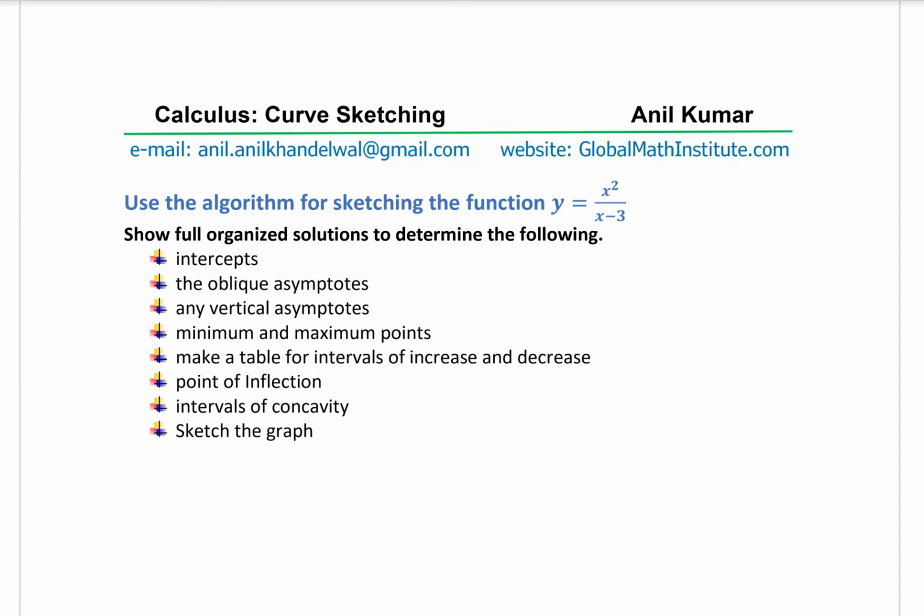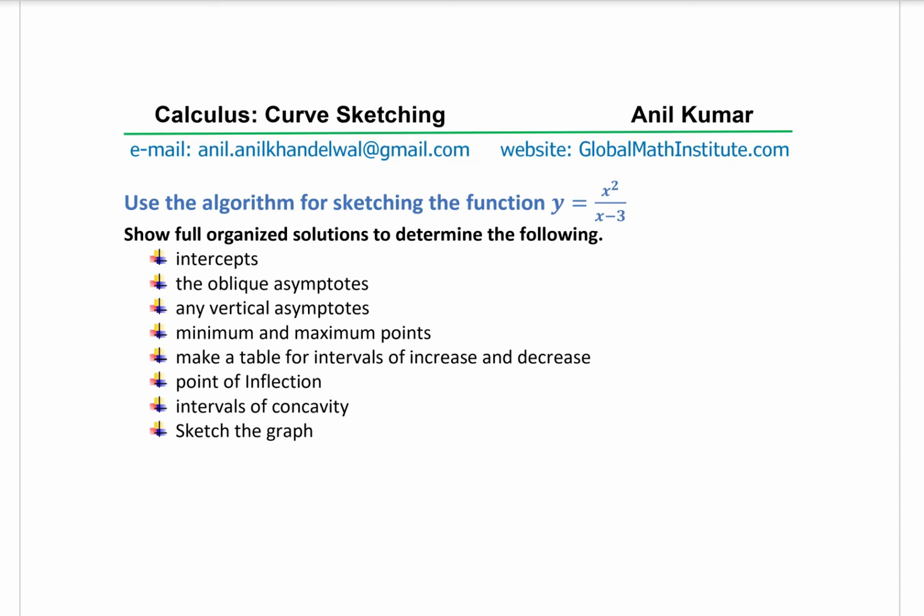So the question here is: use the algorithm for sketching the function y equals x squared divided by x minus 3. Algorithm means that you have to find all the important key parameters.